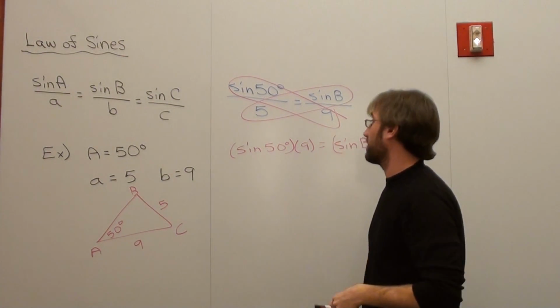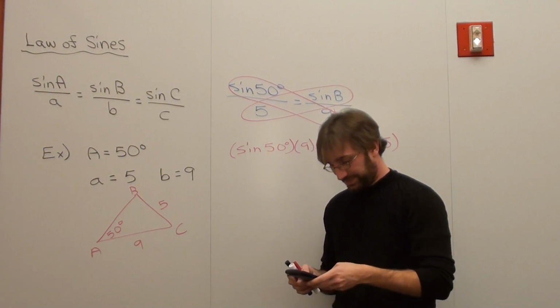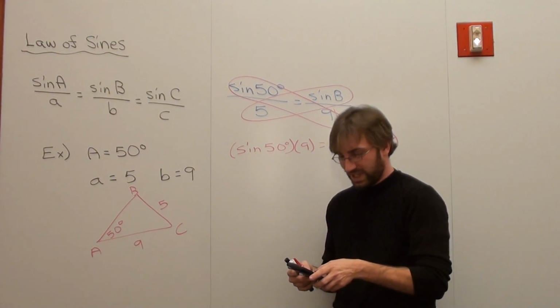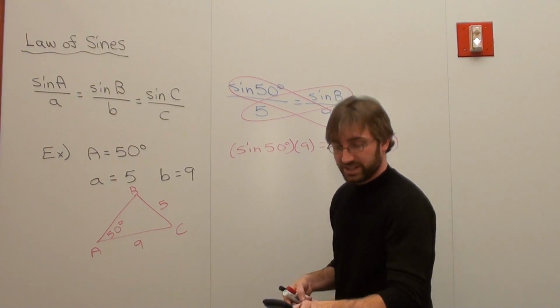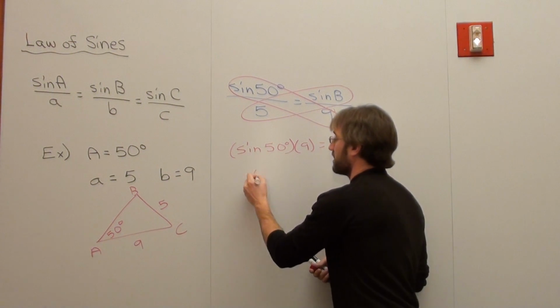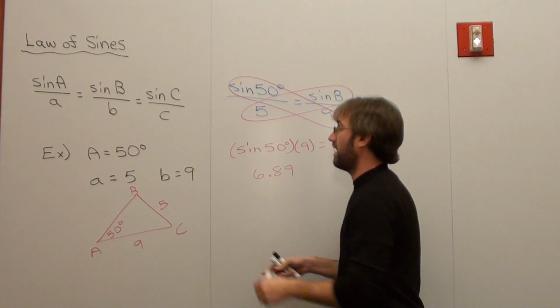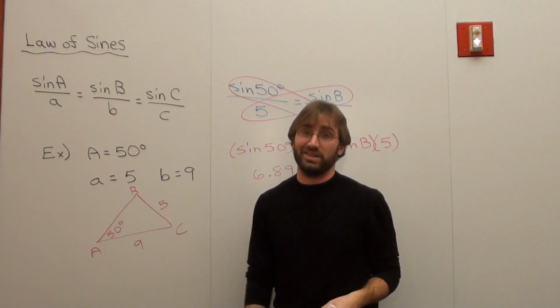So the sine of 50 degrees, why not go ahead and try it, is 0.76604 something times 9. I'm going to round to 6.89. So this is 6.89. Now like I said, when you multiply these two it shouldn't be greater than 5, and 6.89 is greater than 5.